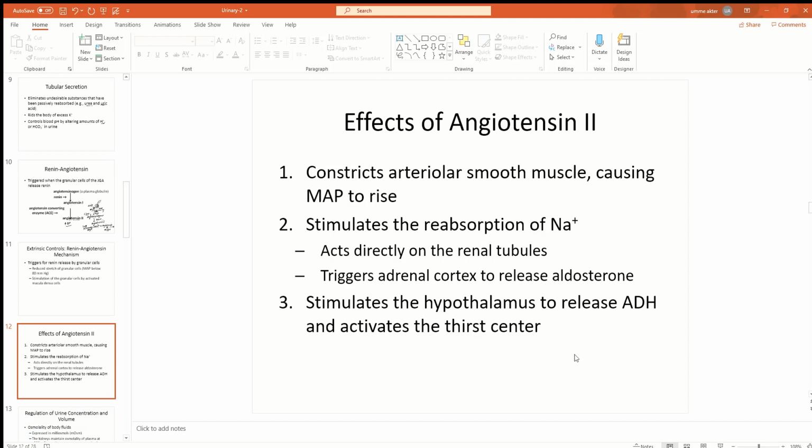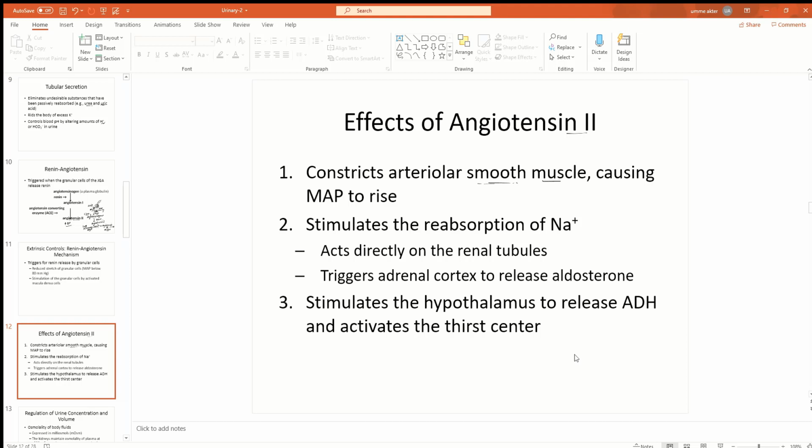Okay, so effect of angiotensin 2, one I mentioned, the main action is it will constrict the blood vessels, right? In the wall of the blood vessel, you have a smooth muscle, right? And the contraction of a smooth muscle will constrict the blood vessels and that will increase the blood pressure.